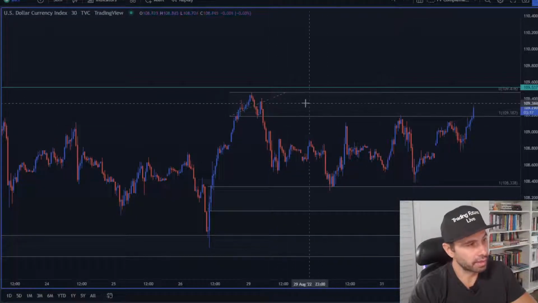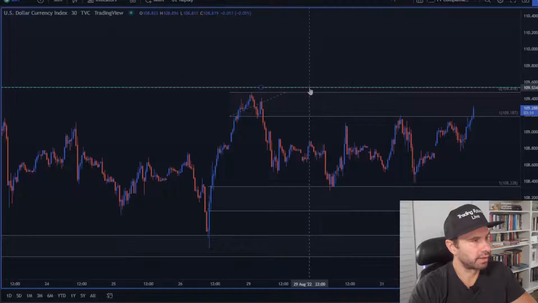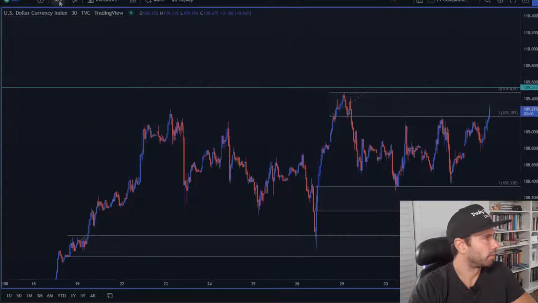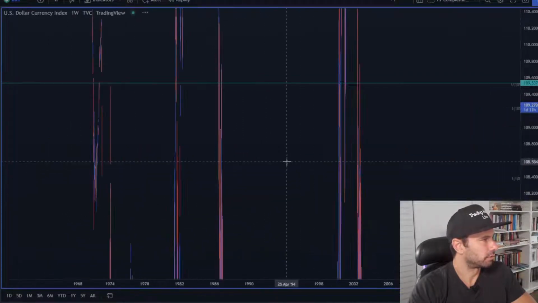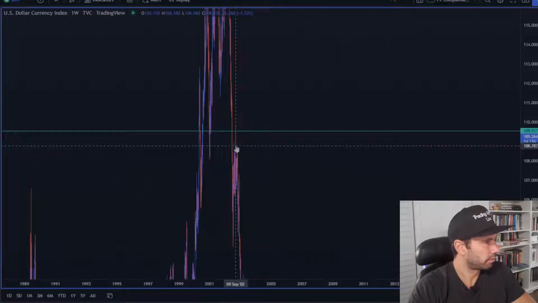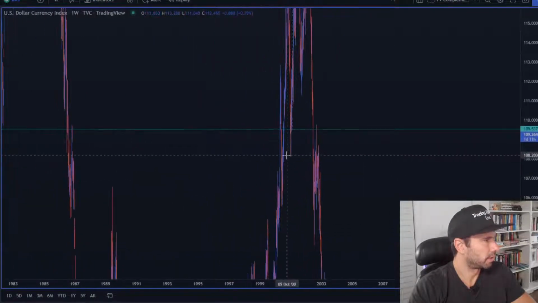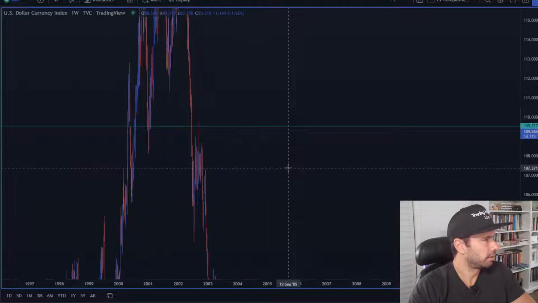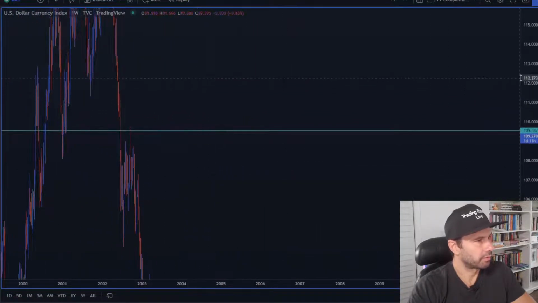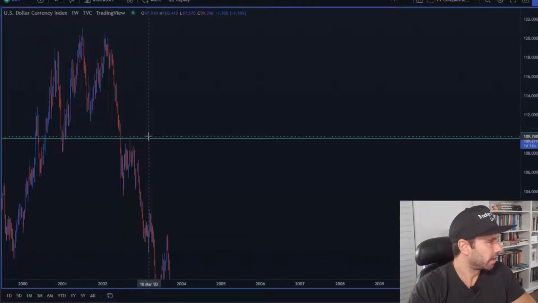Where I do think there is some supply is at this green line. After this green line, we are going to encounter a supply from 2002, I guess. Yeah, 2002 September, right? Exactly 20 years ago.